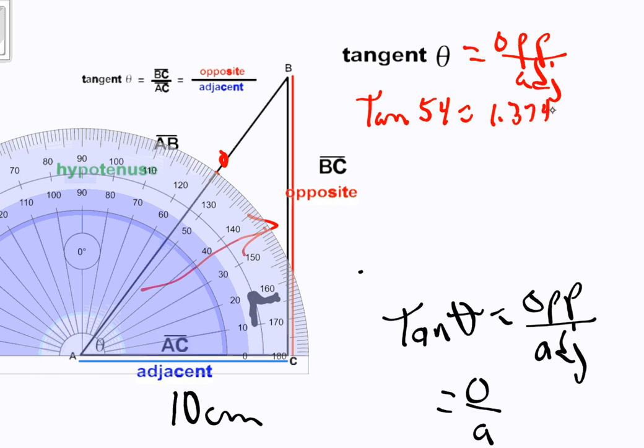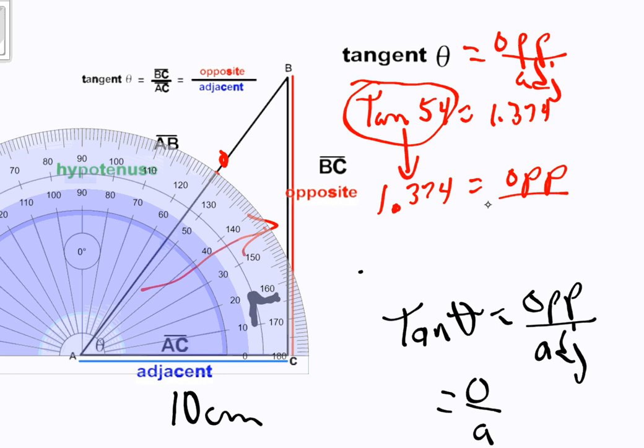That was the relationship. So instead of putting tan of 54, I can say 1.374 is equal to my opposite, which I don't know, over my adjacent, which is 10. We're going to put a 1 under here to make things a little bit easier.